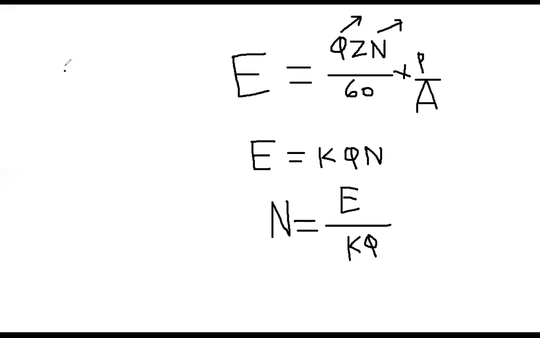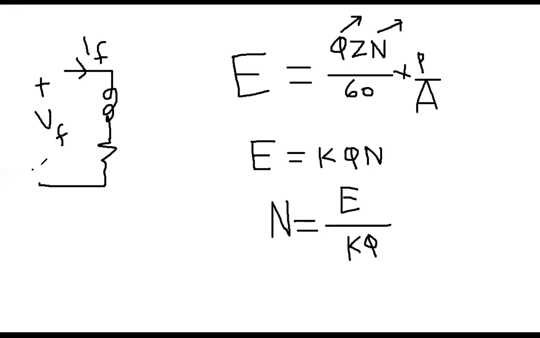For example, this is the field circuit where IF current is flowing, the applied voltage to the field is VF, this is the field coil LF, and this is the field resistance RF. As you can see, if you vary the field resistance, then your current will vary, and if the current varies, then the flux will vary.